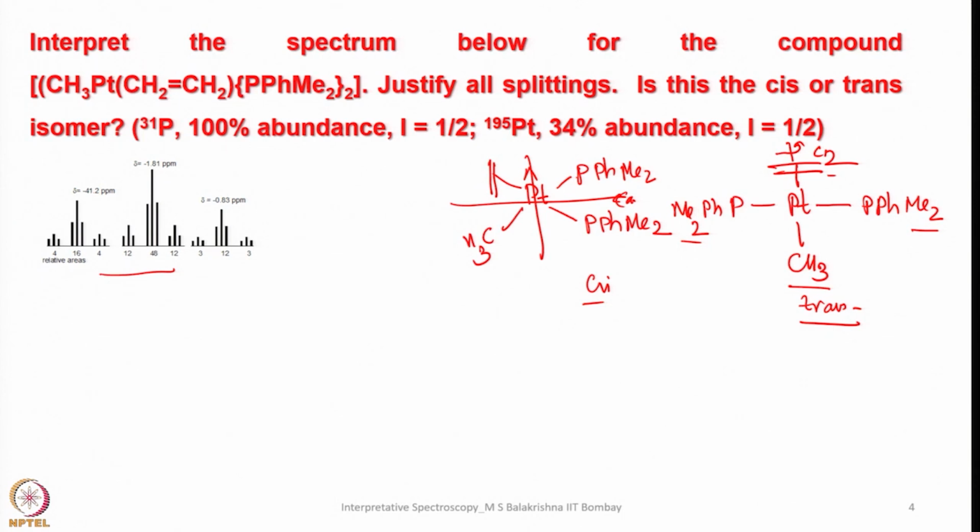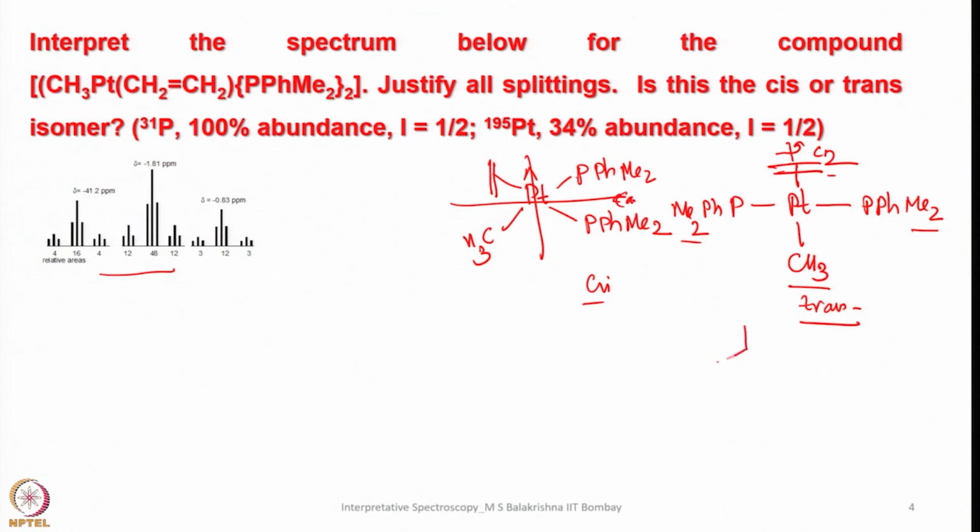One is for ethylene protons, one is for methyl on platinum, and the other is for methyl groups present on phosphorus. In 1H NMR, the ethylene protons will couple equally with the 2 phosphorus to give a triplet, and then each triplet will have satellites, giving a triplet of doublets, and that is the case in this one.